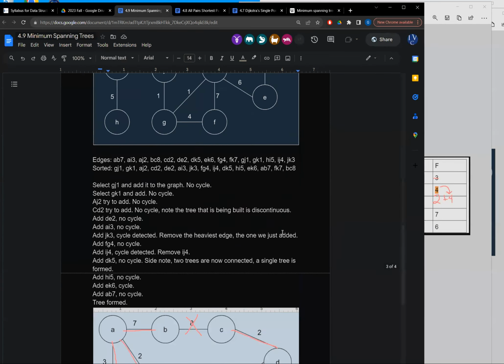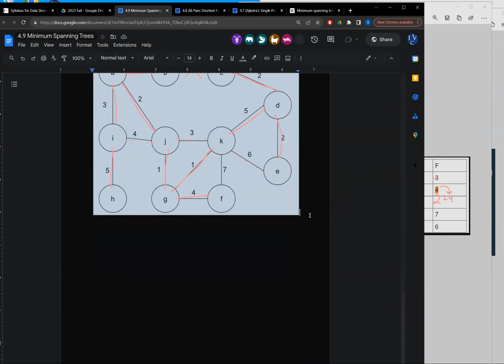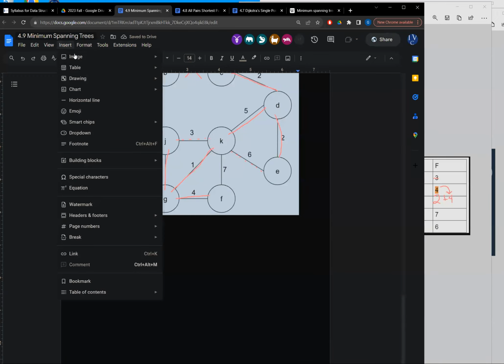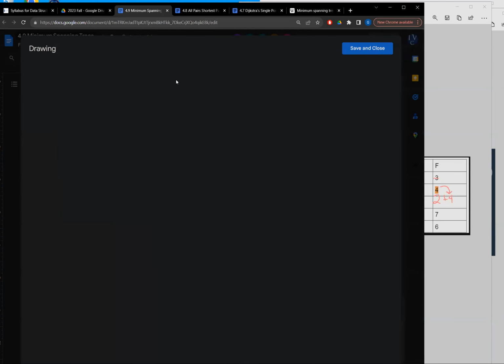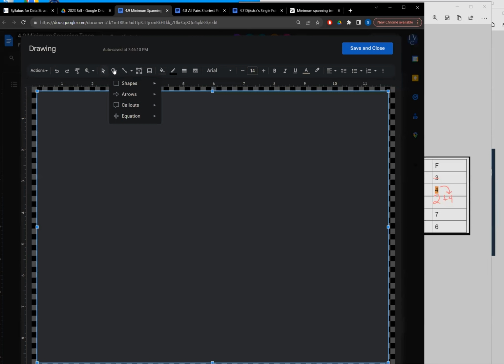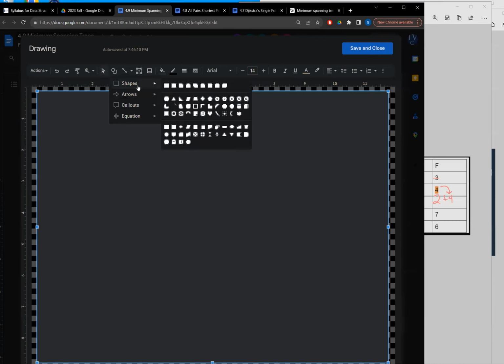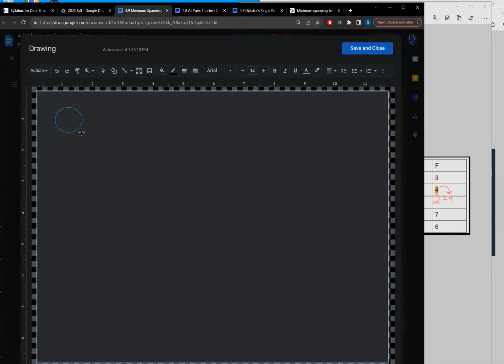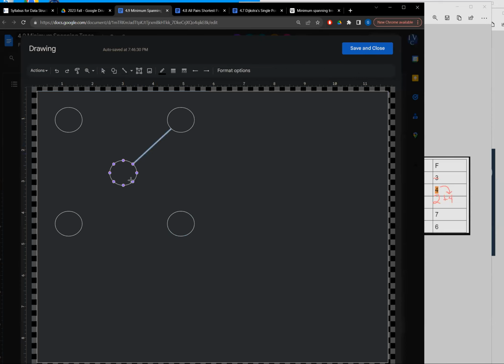Okay, let me do a separate graph to illustrate. We'll go extreme. Go ahead and create a little cycle graph, excuse me, not cycle graph, a wheel graph.